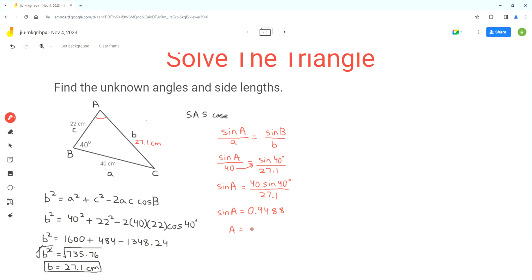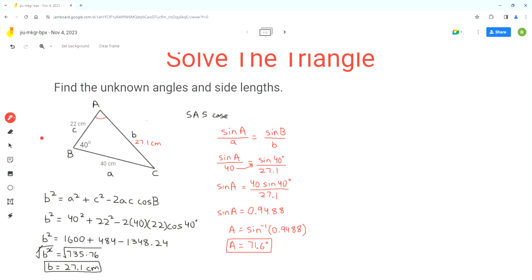So we do sine inverse of 0.9488. And now we can evaluate this expression. So I got 71.6 degrees. So I'm rounding the answer to 1 decimal place. So this should be the final answer for angle A.